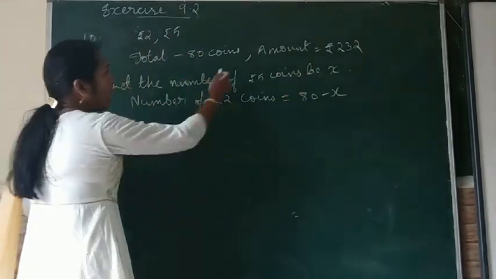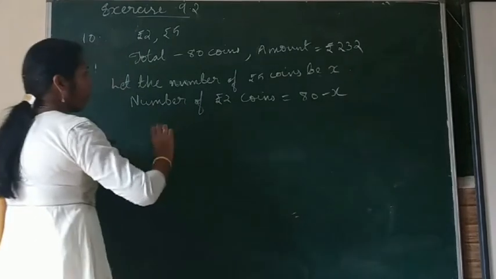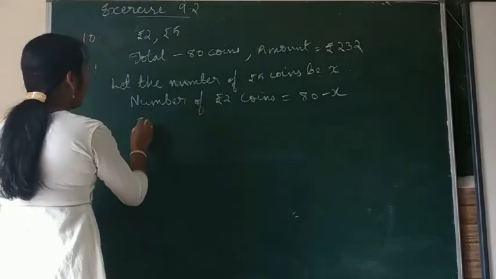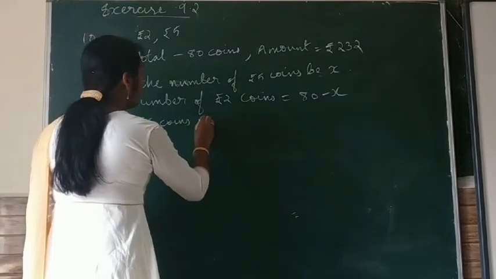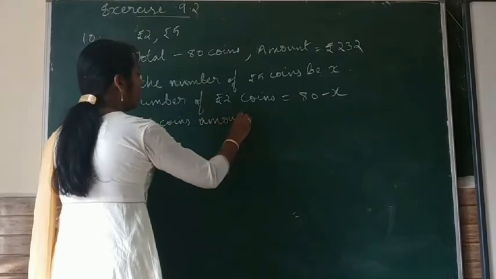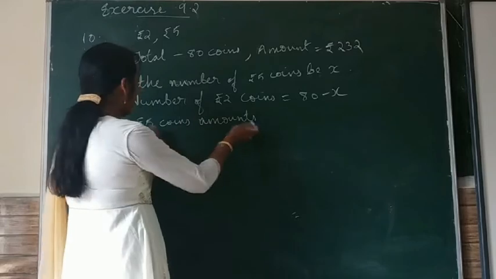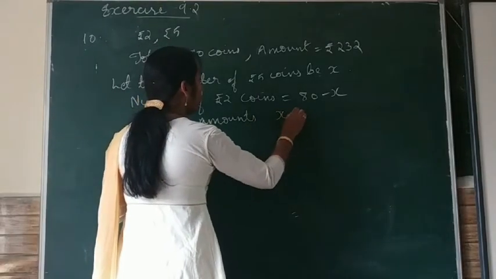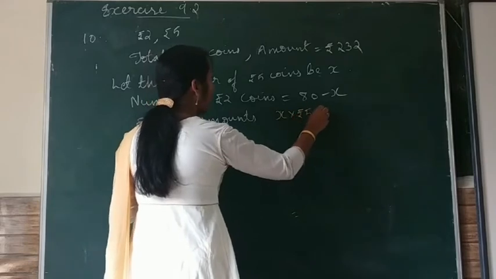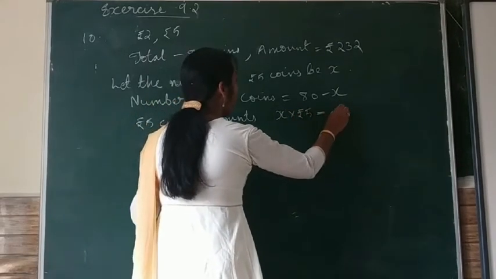Now the total amount is rupees 232. So the amount by rupees 5 coins is x into rupees 5, that is equal to 5x.